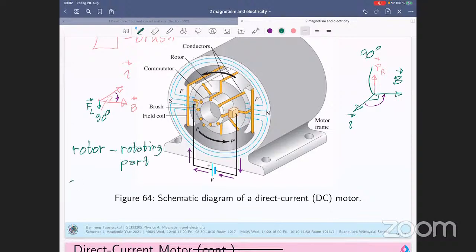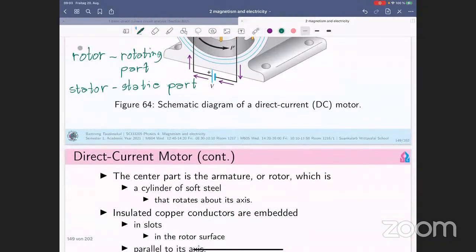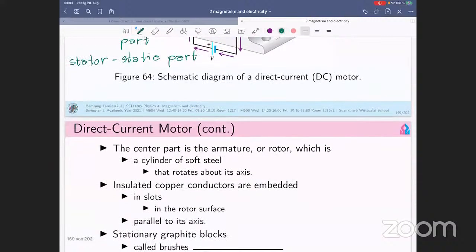And stator comes from static part, or component. Yeah, we simply say rotor or stator in electrical engineering, because it's not convenient to say rotating part or static part all the time. Just simply use the shorter words like rotor or stator.